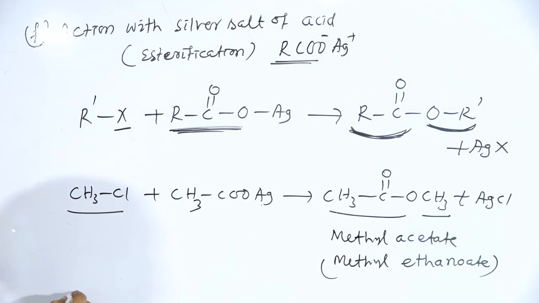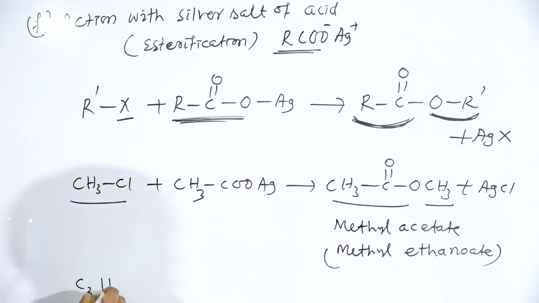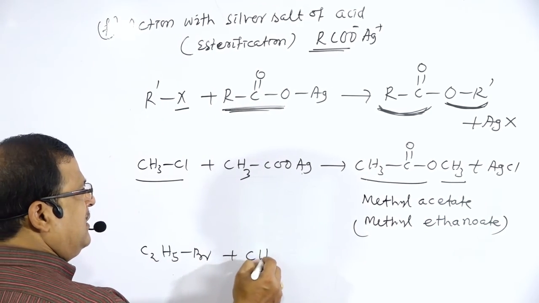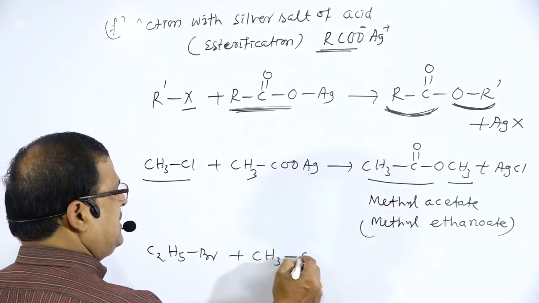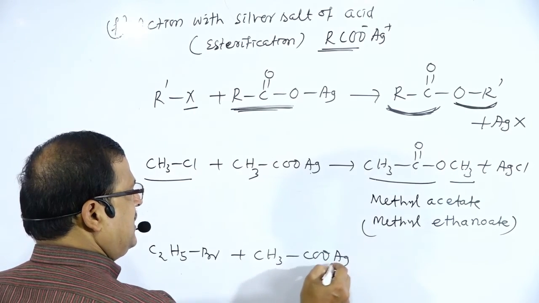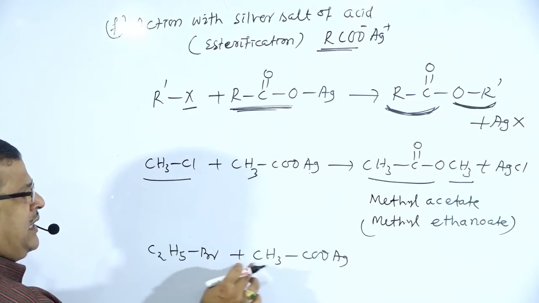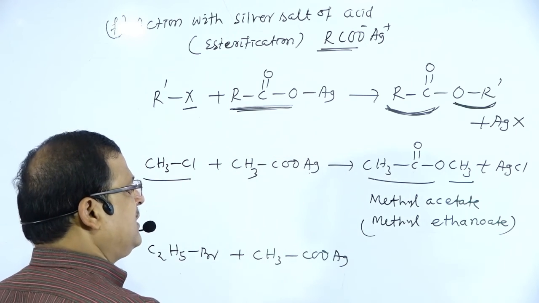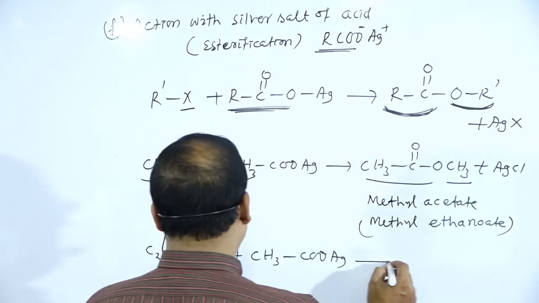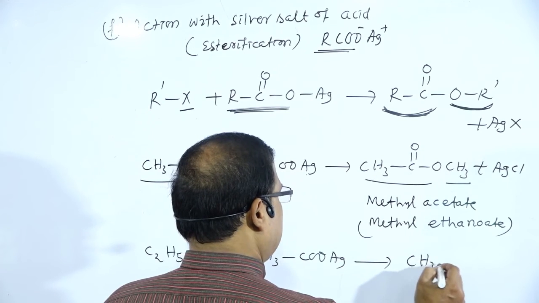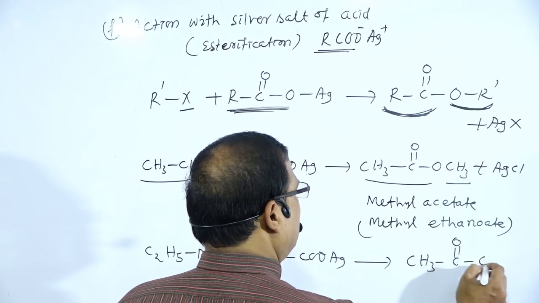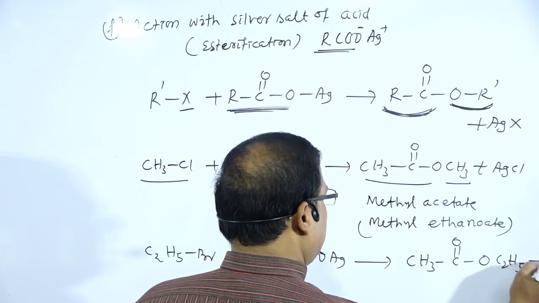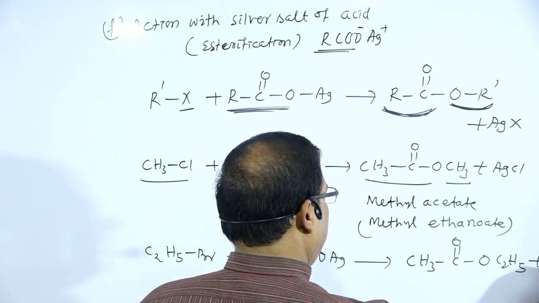If we take C2H5Br, ethyl bromide, treated with CH3COOAg, silver acetate, ethyl bromide reacts with silver acetate. So there is the formation of CH3COOC2H5 plus AgBr.